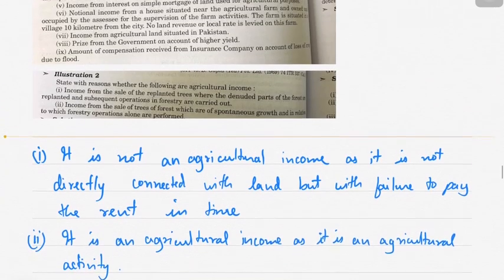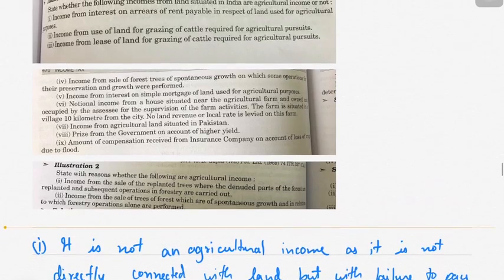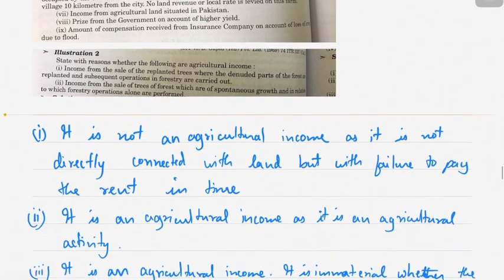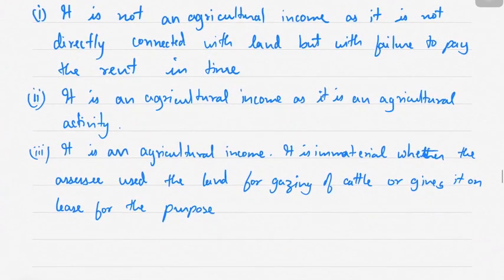Let's see the fourth one, income from sale of forestries of spontaneous growth on which some operation for their preservation and growth were performed. So it is not an agricultural income. Wherever you see spontaneous growth, it is not an agricultural income, right?